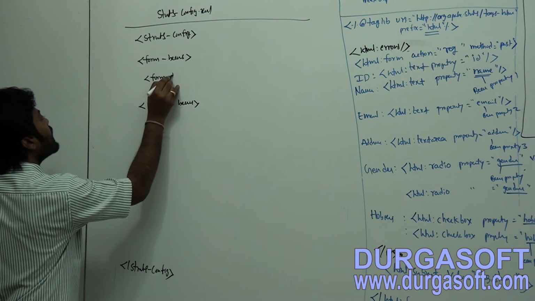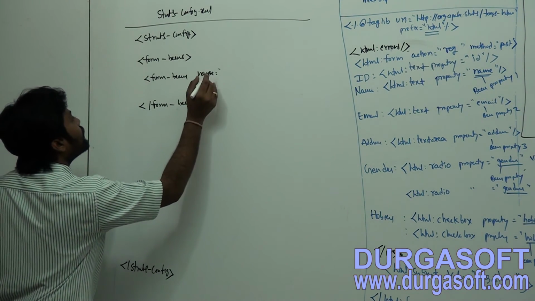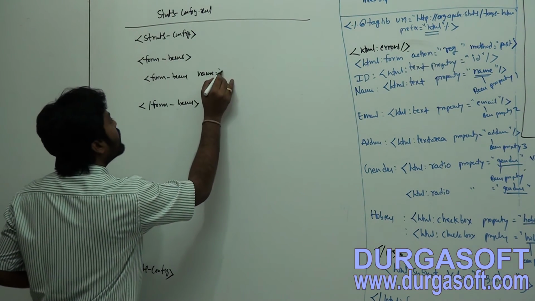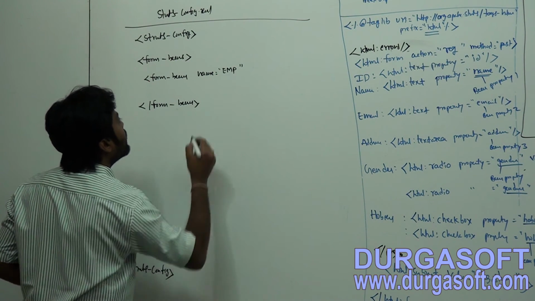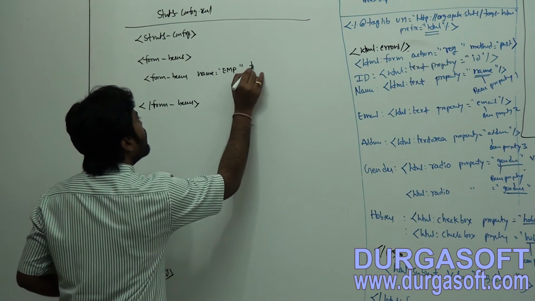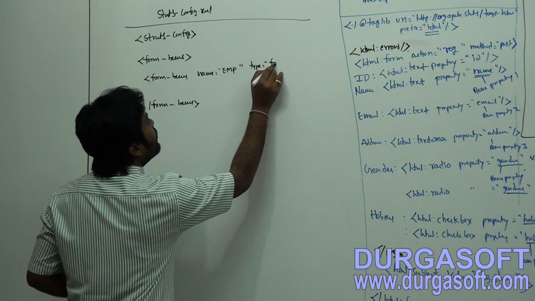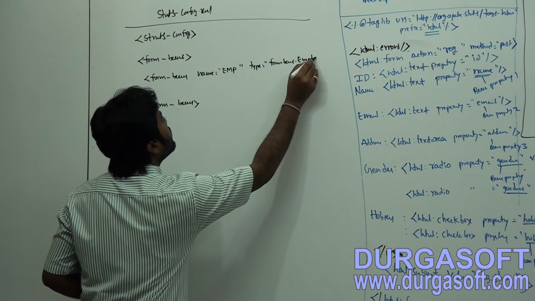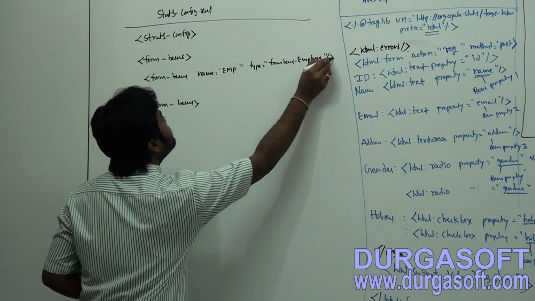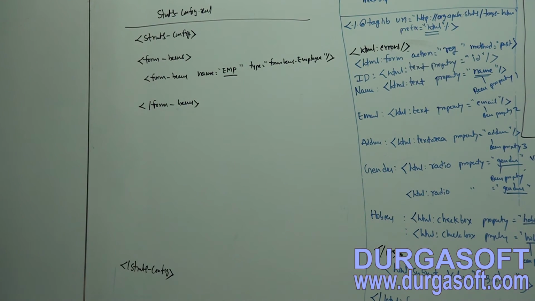Here we have a child tag, form-bean, with a reference name, say emp. The class name you configure by using the type attribute, the package name is form beans, and your class name is EmployeeForm. So your bean reference is emp. We just have to create the bean reference here.